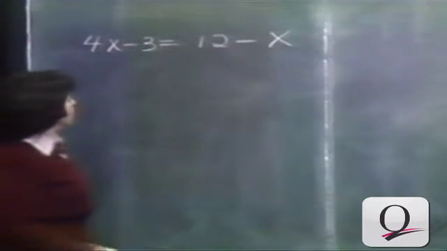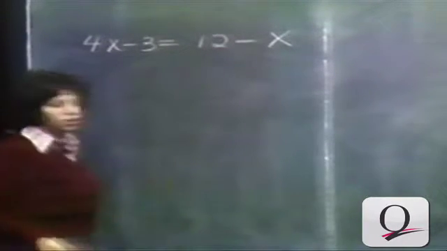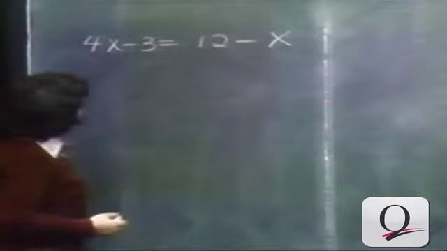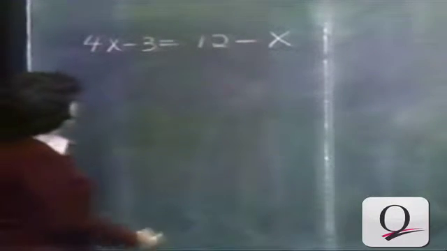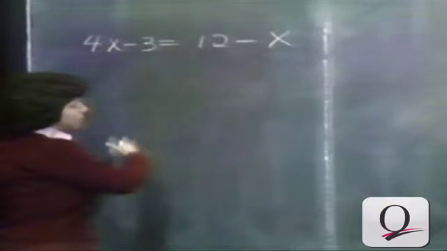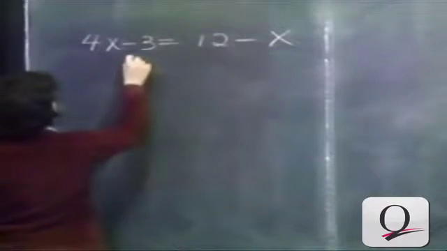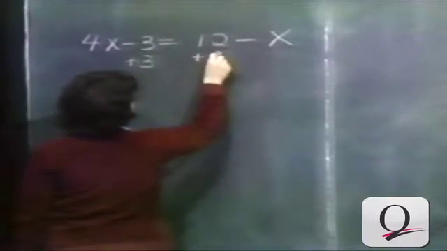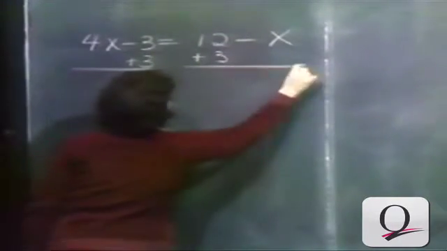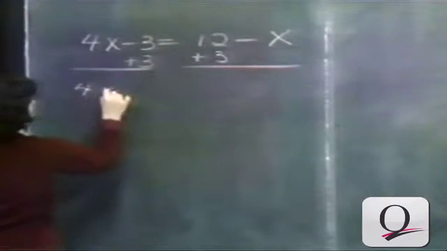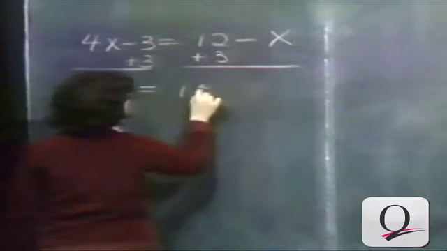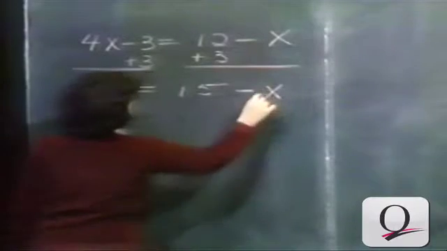Now, when you wanted to solve this equation for x, the object was to get all the terms involving x on one side, all the constant terms on the other, and eventually get this down into the form of a trivial equation, something like x equals some number, which would be the solution of the equation. Okay, let's add 3 to both sides, giving us 4x equals 15 minus x.